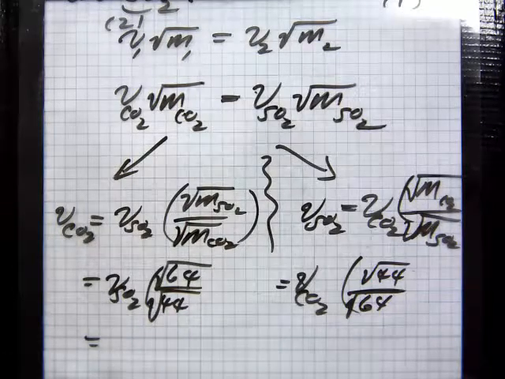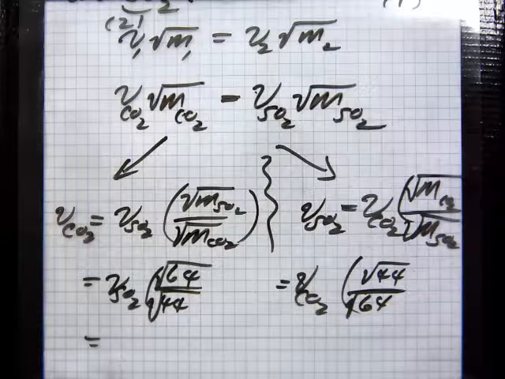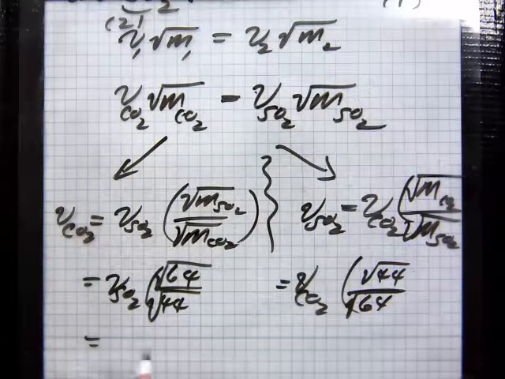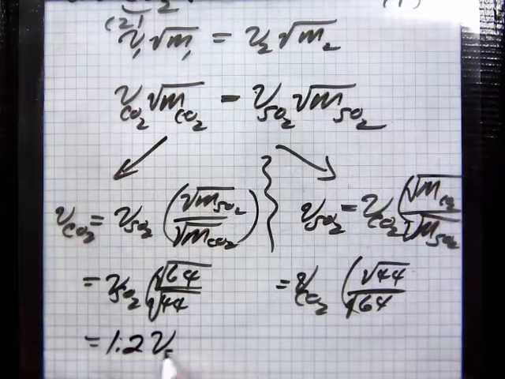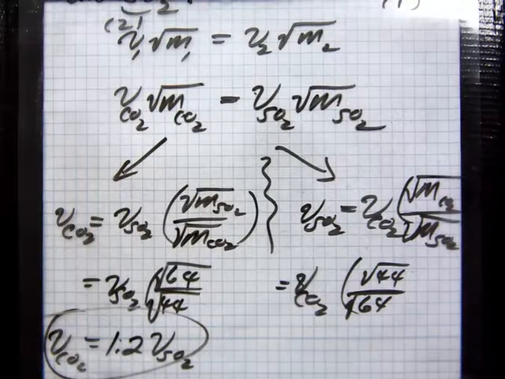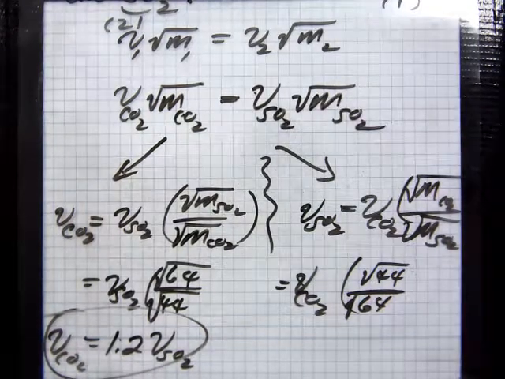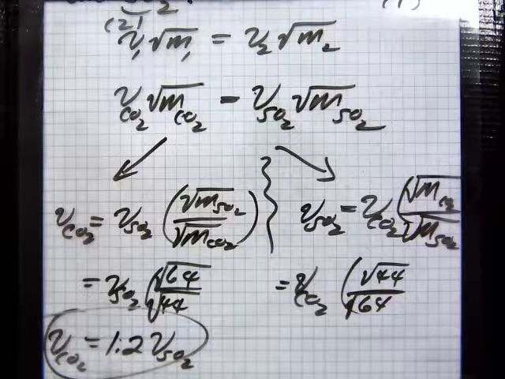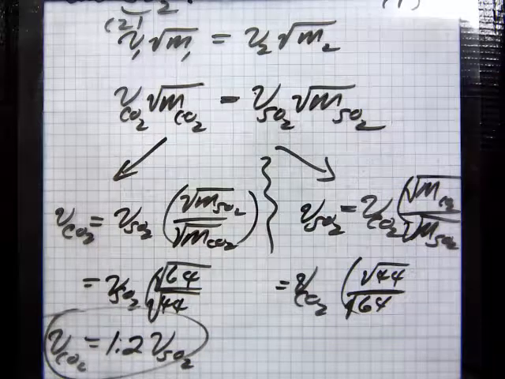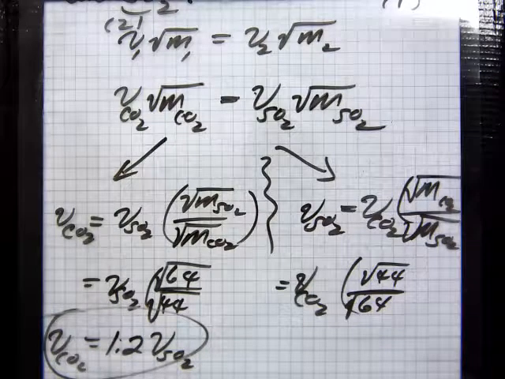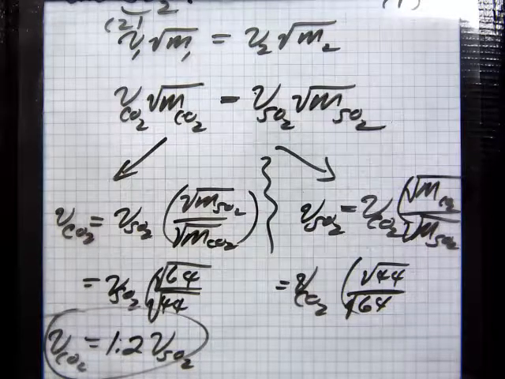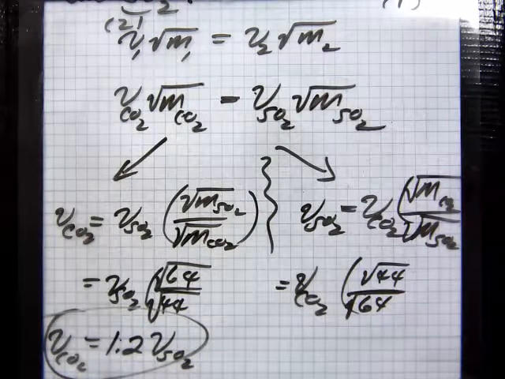That's 8 over, 1.2. So it's 1.2 times the velocity of SO2 is the CO2. So what that's saying is CO2 will come out 1.2 times faster than SO2. And it's not dependent on pressure. It's dependent on mole weight, not pressure. Both of them are assumed to be under the same pressure, same conditions, coming out of the same bottle. So all those little assumptions are kind of given.